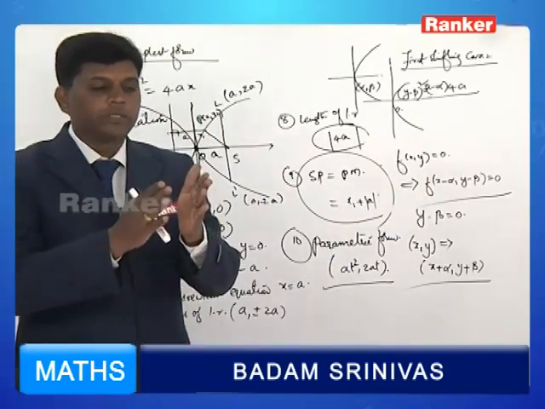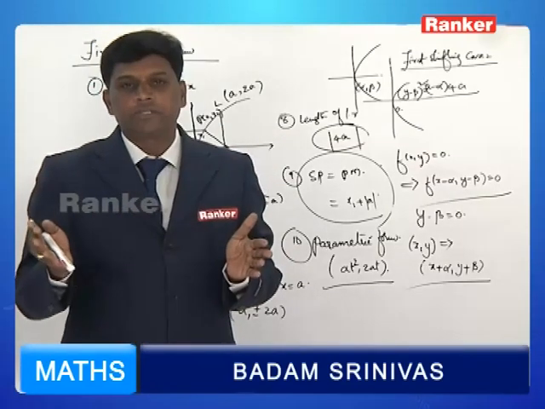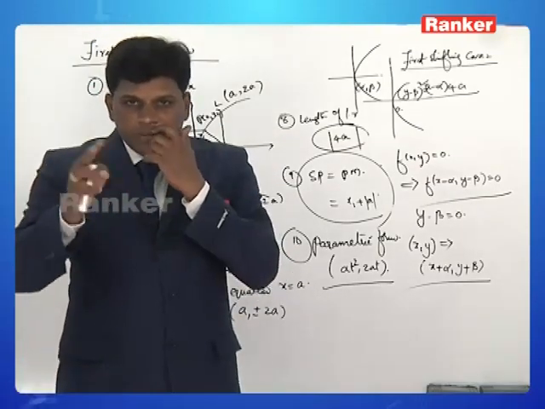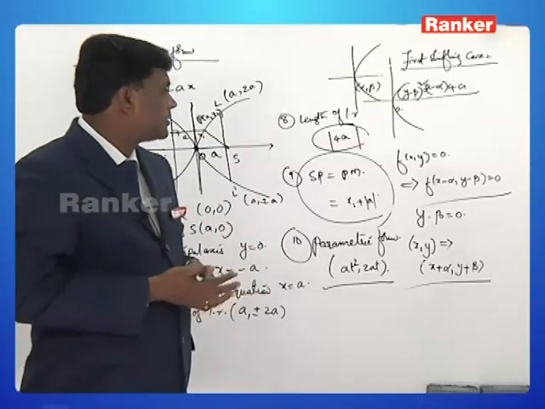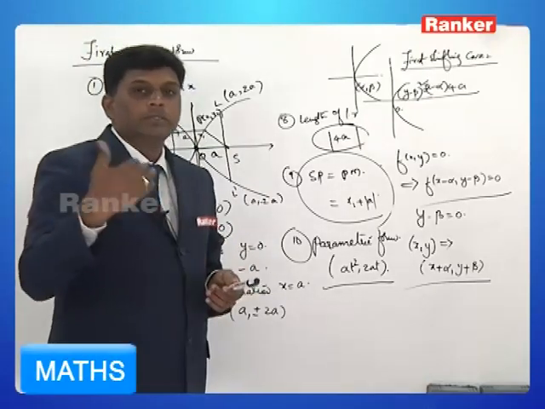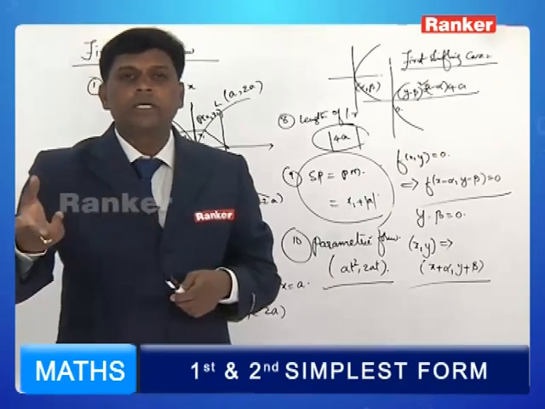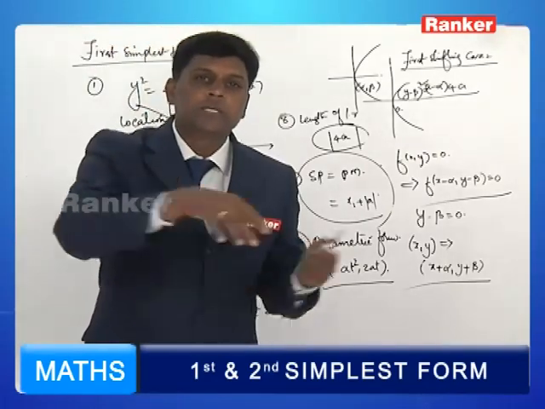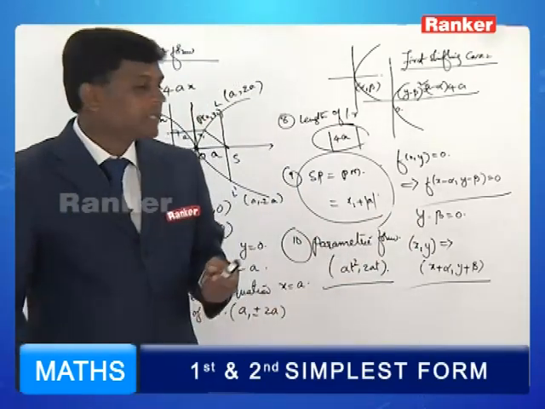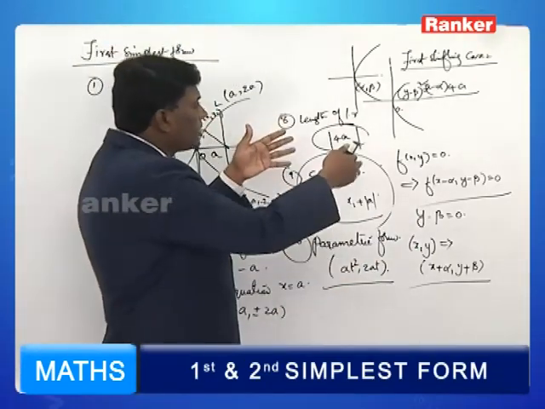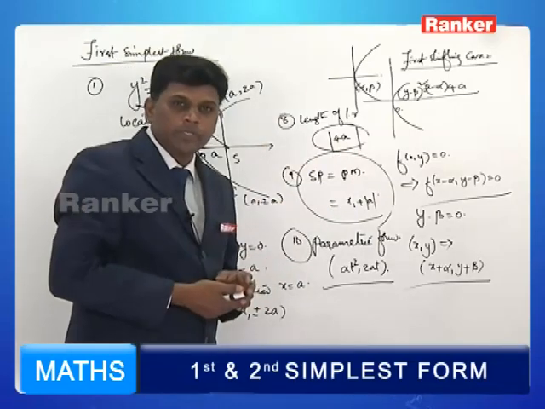That means x and y will be interchanged, points will have abscissa and ordinate reversed, and x and y replaced with x minus alpha, y minus beta. Interchanging and replacing are both applied simultaneously in one. That is the strategy we are following for getting second shifting case properties.